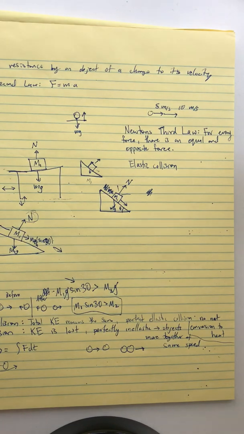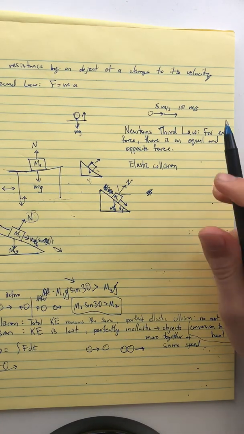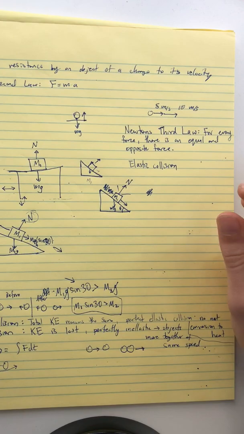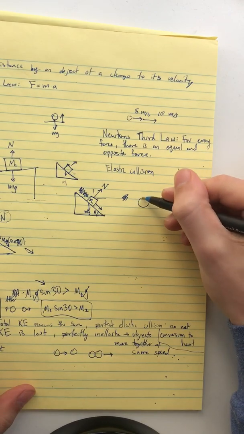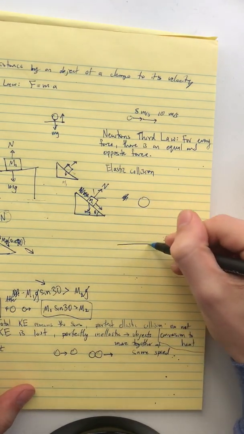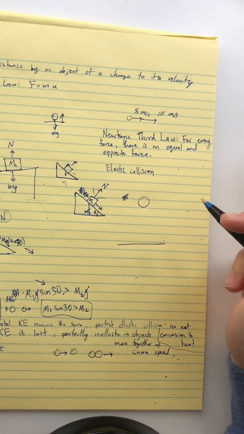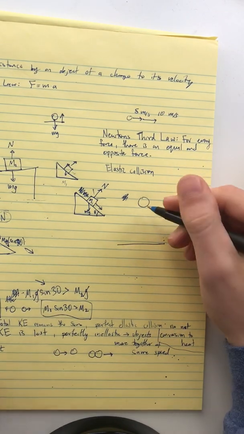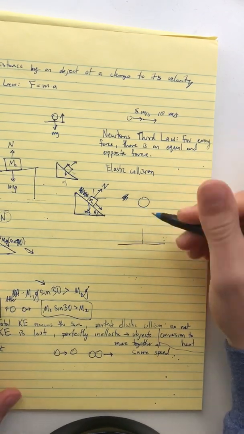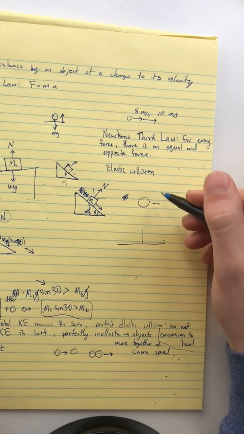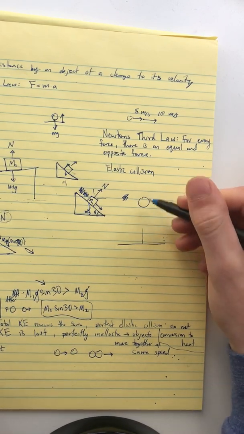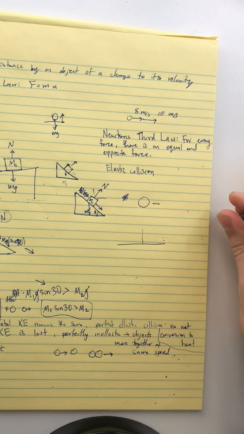Next, we'll talk about elastic and inelastic collisions. Pretty much, for this specific example, in the case of a bouncing ball, if the collision is elastic, the bouncing ball would return to its height every single bounce, and it wouldn't eventually get smaller in the bounces.